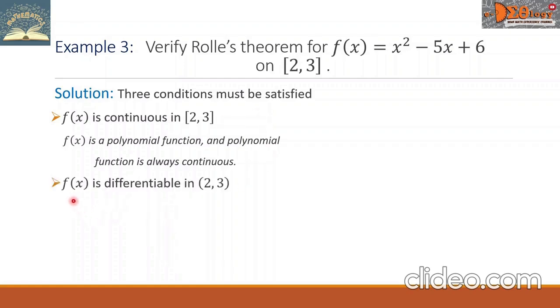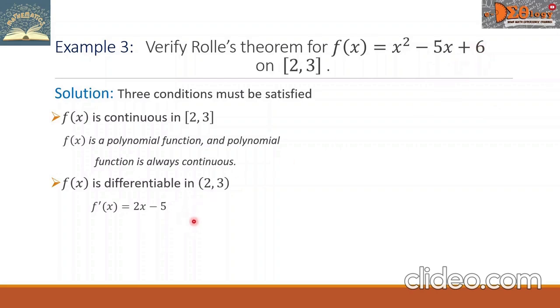Second condition, f of x is differentiable in the open interval from 2 to 3. That means, let us take the derivative of the function. So, f prime of x equals derivative of x squared is 2x, derivative of negative 5x is negative 5. Derivative of plus 6 is 0.